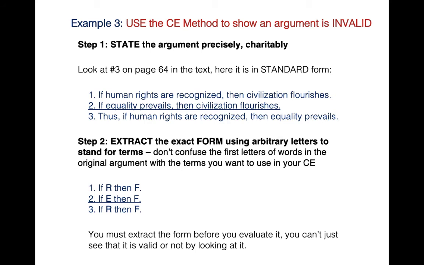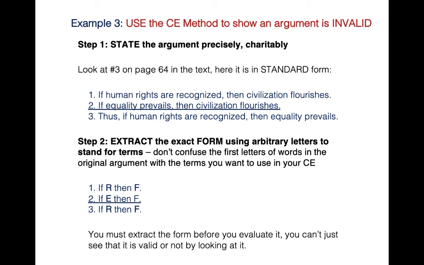But if it is true, and claim 2 is true, then maybe human rights, if recognized, coincide with equality becoming dominant or prevailing in a society. I don't know. Let's take a look at the argument pattern first before we take it seriously and test its assumptions. Obviously, in this case, we're not going to get to test the assumptions because we're going to expose invalidity here. The argument isn't logically valid.